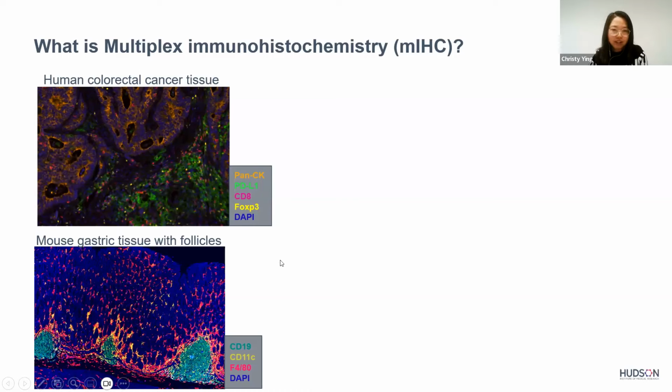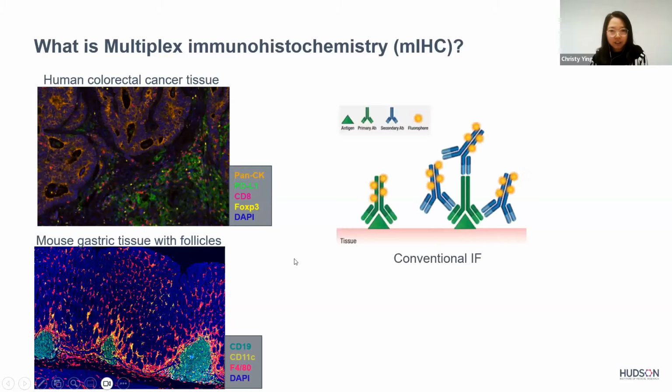It's actually a kind of multiplex immunofluorescence, but with a different principle from conventional IF. In the conventional IF we usually use in the laboratory, we either use direct immunofluorescence, where the primary antibody has already been conjugated with a fluorophore. The limitation of this method is that there's no amplification of the signal.